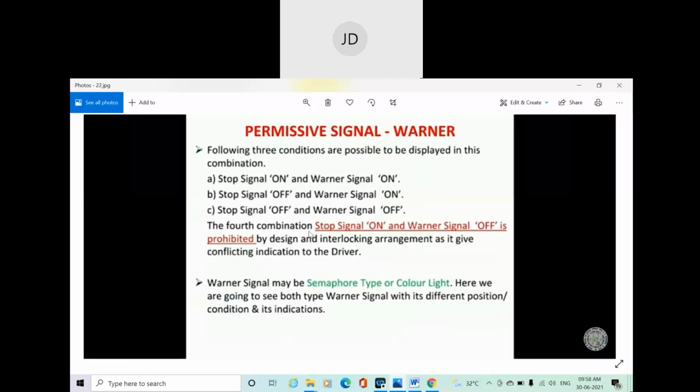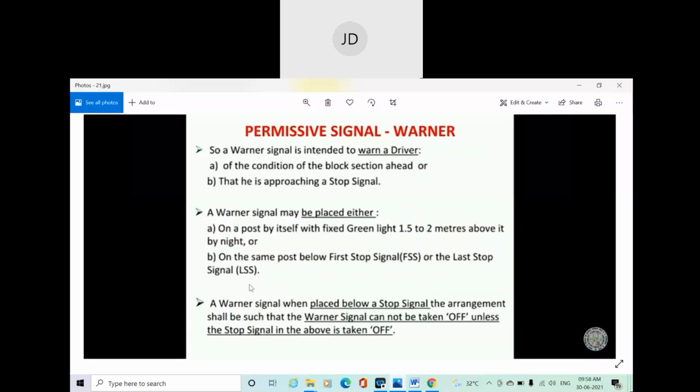When a Warner signal is placed below a stop signal, the arrangement shall be such that the Warner signal cannot be taken off unless the stop signal above is taken off. That means there is a limitation. Whenever you use a Warner signal along with the stop signal, the Warner signal cannot be off. It will always be in the on position until and unless the stop signal is off.